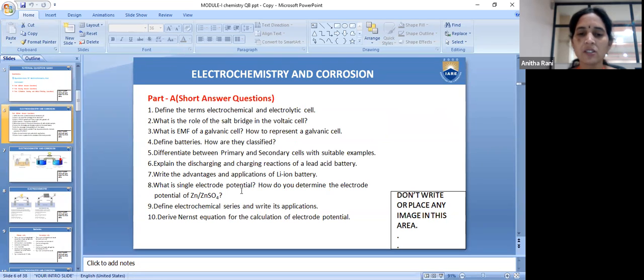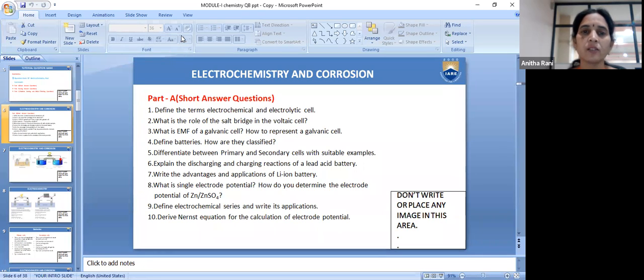Students, we discussed electrode potential in the first module. When you dip any electrode in an electrolytic solution, it will undergo either an oxidation reaction or a reduction reaction. Now tell me what is single electrode potential. I'm not asking about standard electrode potential. What is electrode potential?